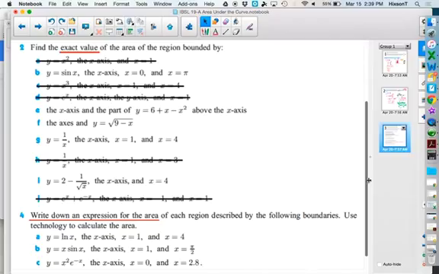If you happen to have a logarithm, leave it as a log and don't plug it in. Find the exact value of the area of the region bounded by each of the things here. And then number 4 is really a connection to yesterday. You're interpreting the problem to write the integral down, but once you do that, then you can just use your calculator to find what the answer is.